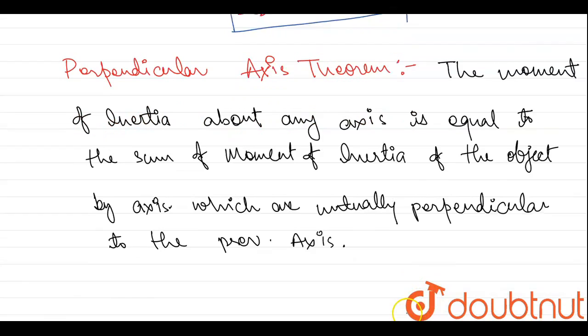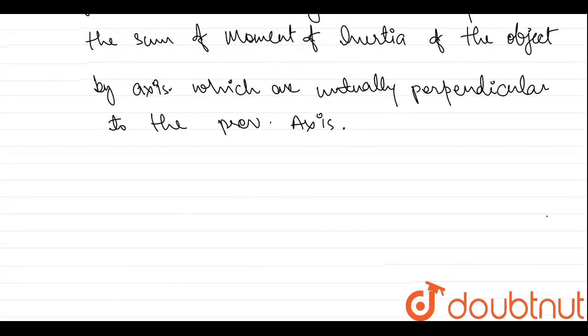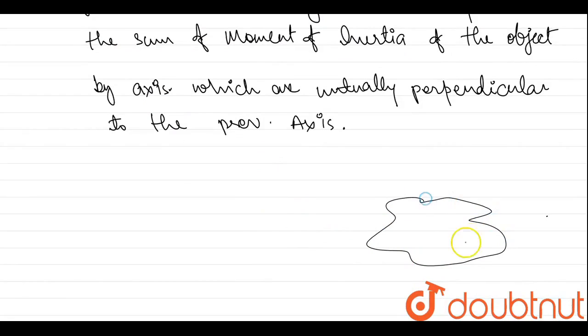Okay, I can also elaborate this by a simple figure. Suppose this is the figure, this is a simple body, and it is having some axes, something like this. Okay, this is one axis.